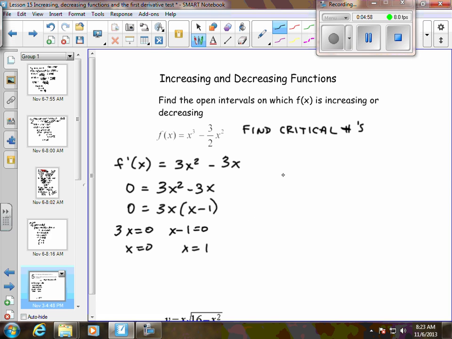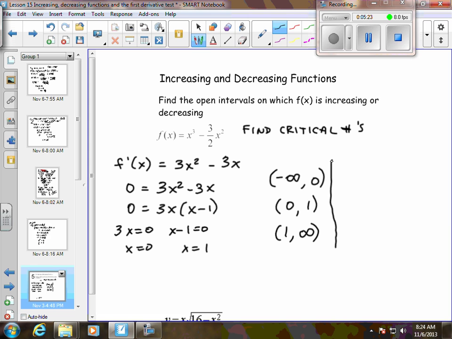So I break that number line down into intervals: negative infinity to my smallest critical number, from that critical number to the next, and from that one to positive infinity. Two critical numbers create three intervals.